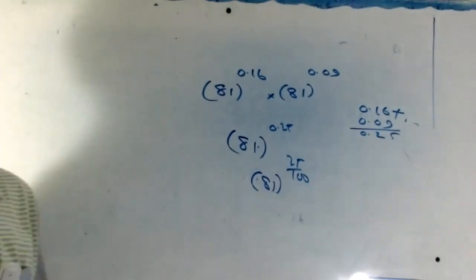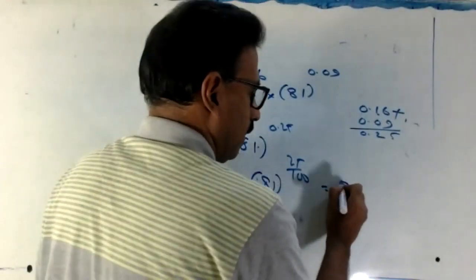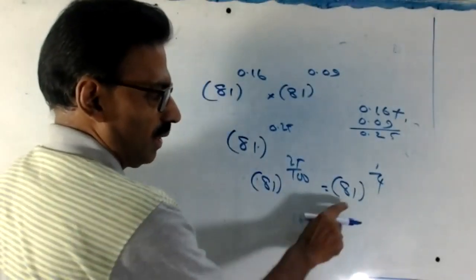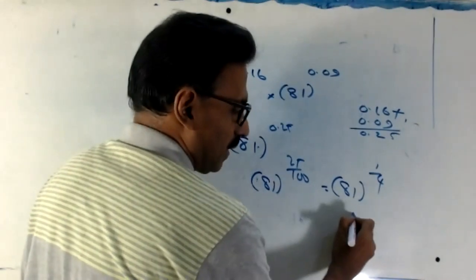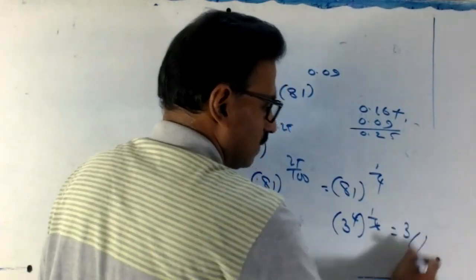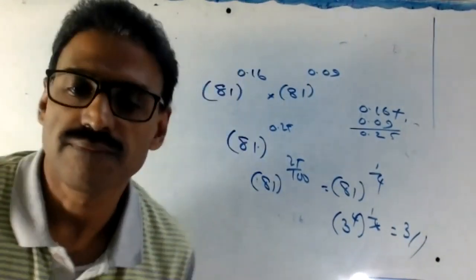Right? 0.25 means 25 by 100. That is 81 raised to 1 by 4. Agree or not? 81 is 3 raised to 4, raised to 1 by 4. 4 cancel. Answer is 3. This is the answer. We all got.